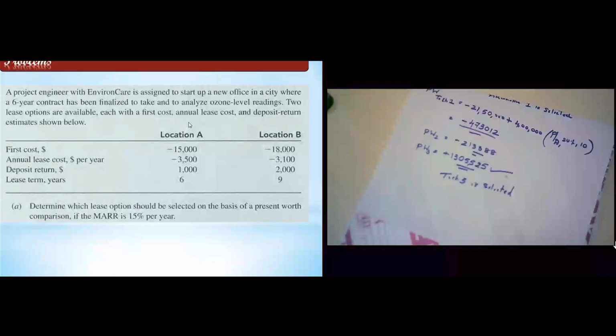So probably in part B of this question, or if there is any extension of this question, you might be getting that into the picture. So a 6-year contract means they will be taking only 6 years as my time frame. Okay, sir. Thank you. Okay, so this is just to explain the concept. That is why I showed you this particular numerical. So if they have given in the question that a 6-year contract has to be finalized, that means you can take 6 years as your study period and then calculate.